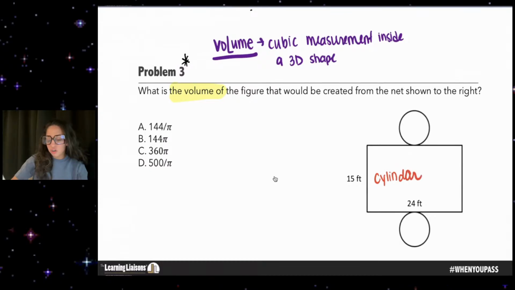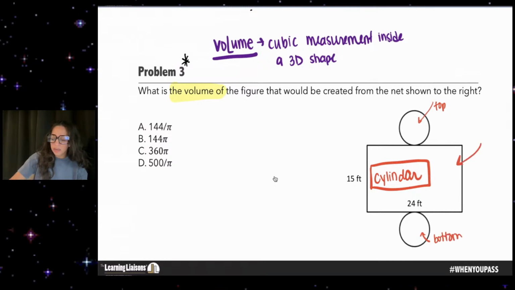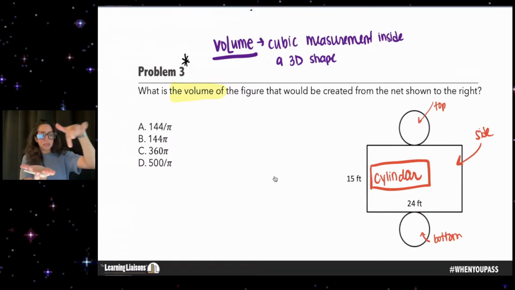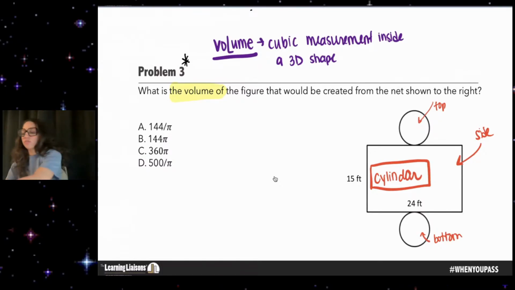How do I know this creates a cylinder? Because this is going to end up being the top, or you could say it's the bottom. This is going to end up being the bottom. And then this is going to end up being like the round side that goes around it. So we're going to fold those circles up to create that top and bottom, and that rectangle creates the part that's around it.